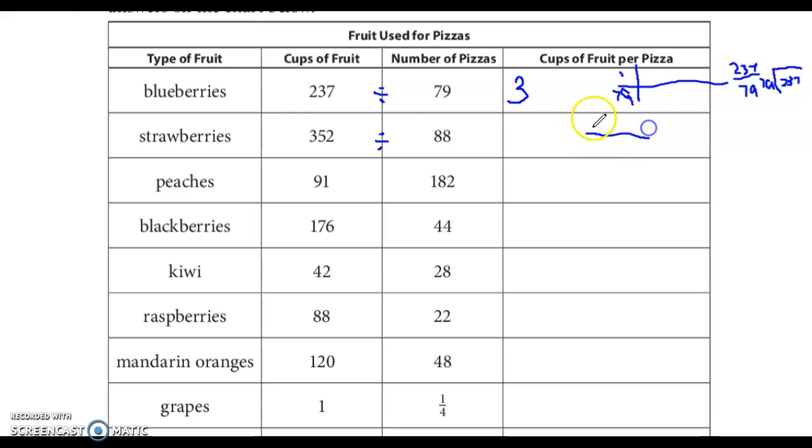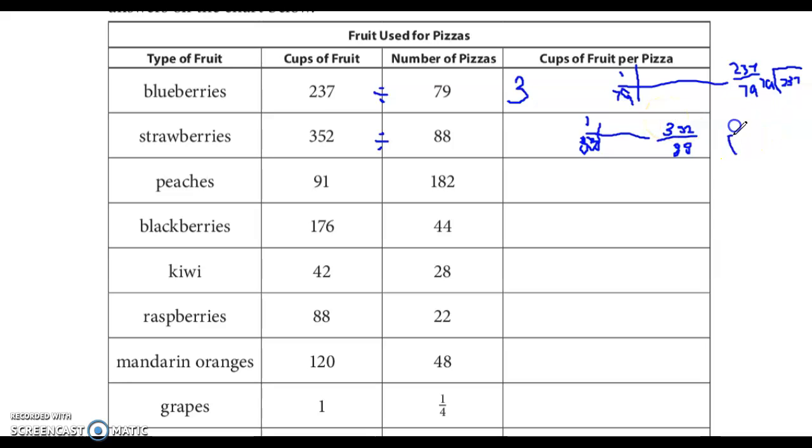You can do a ratio table where you set up one group of 88 and go all the way up to 352. You could rewrite it as a fraction, 352 over 88, and see how many times 88 goes into 352.